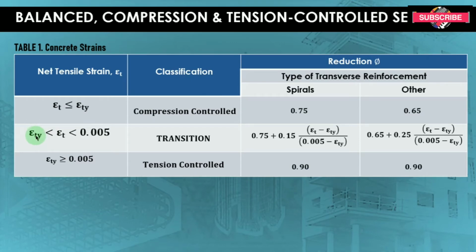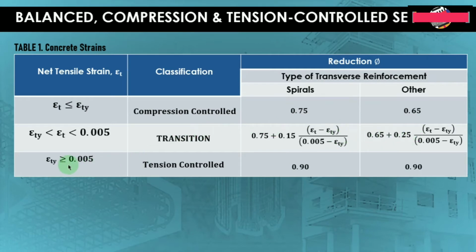At for the second one is yung tensile strain natin is greater than 0.002, no? Remember na value dito is 0.002 yung epsilon ty natin, but less than siya sa 0.005. So, under siya sa transition region at ang gagamitin natin na formula for spirals and non-spiral are these formulas here sa table 1 natin.